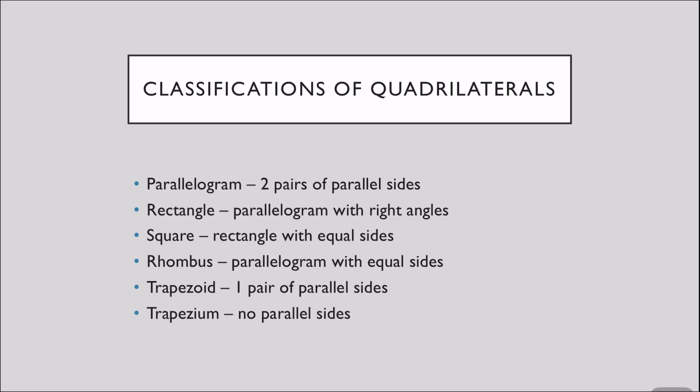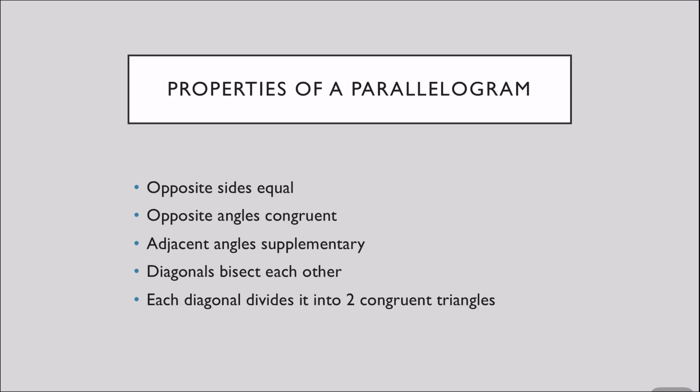Okay? So let's take a look at the properties of a parallelogram. Again, the general definition: it has two pairs of parallel sides. The opposite sides are usually equal, and the opposite angles are congruent.